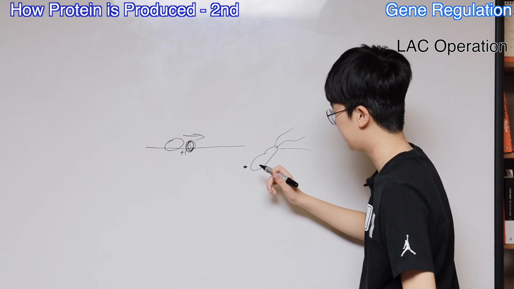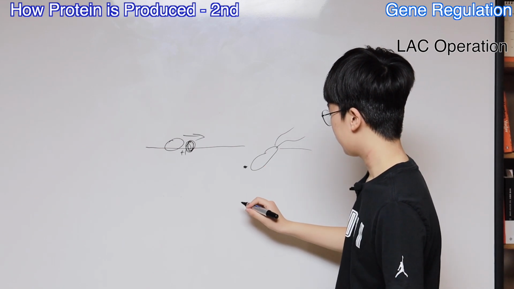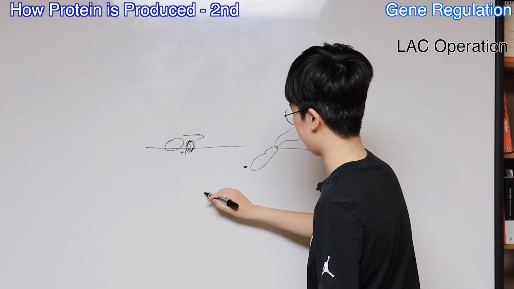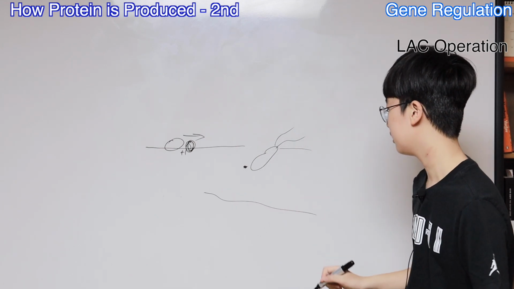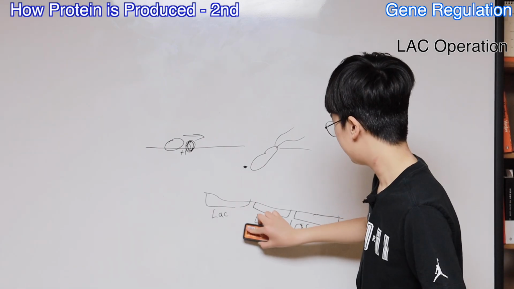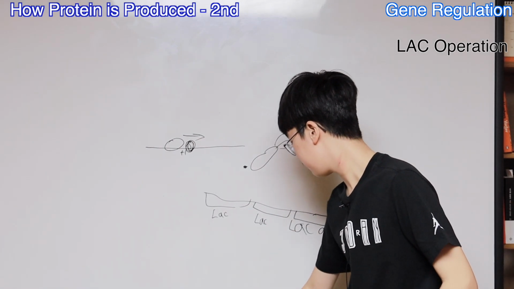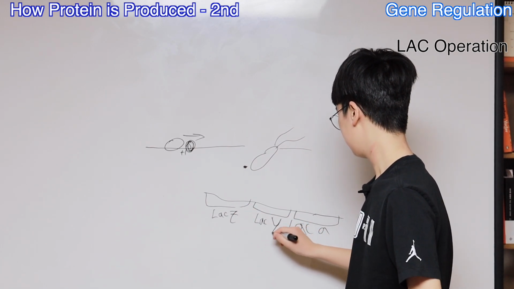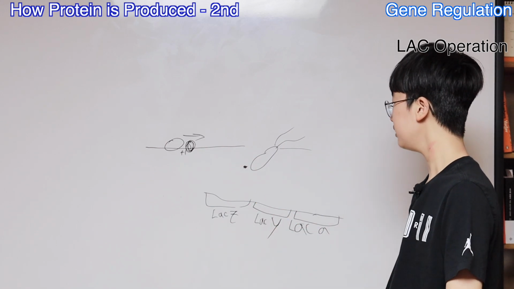It's good for you. So inside the E. coli, there is a gene. Actually, we're going to look at 3 genes. It's in the order of Z, Y, and then A.